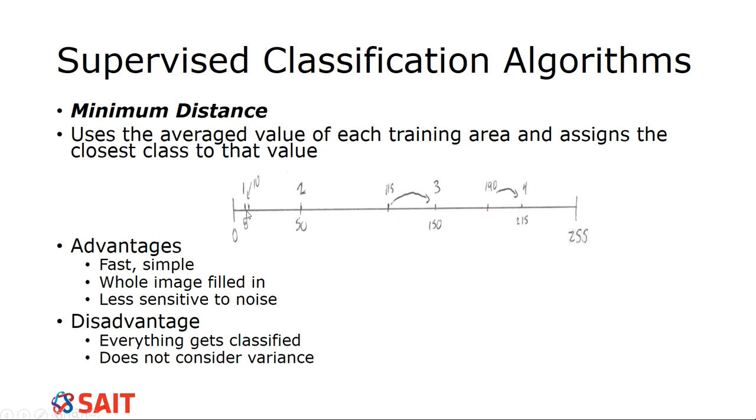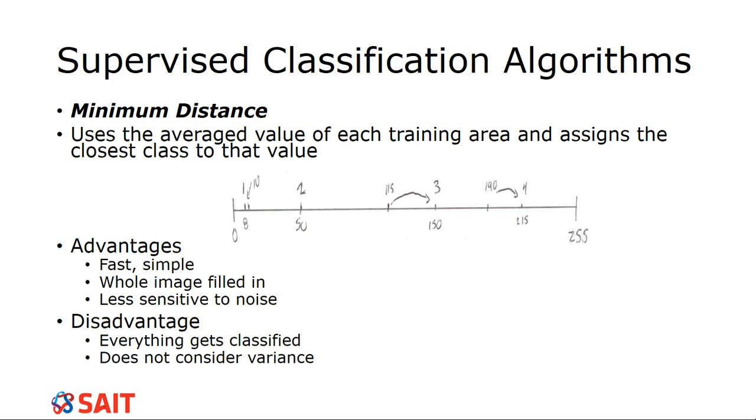It's going to fall in class 1. So here's class 2, which is 50, and then class 3, which is at 150. Those are the averages. And let's say it's 115. It's going to say, oh, you're closer to class 3, so therefore you fall in class 3. And the same with like 190 to class 4, which is at 215. Between this one and this one, it is actually closer to the 215, so it's going to say it's part of class 4.